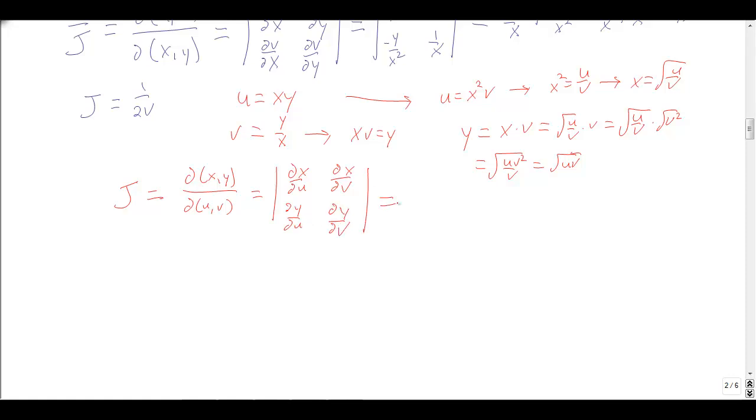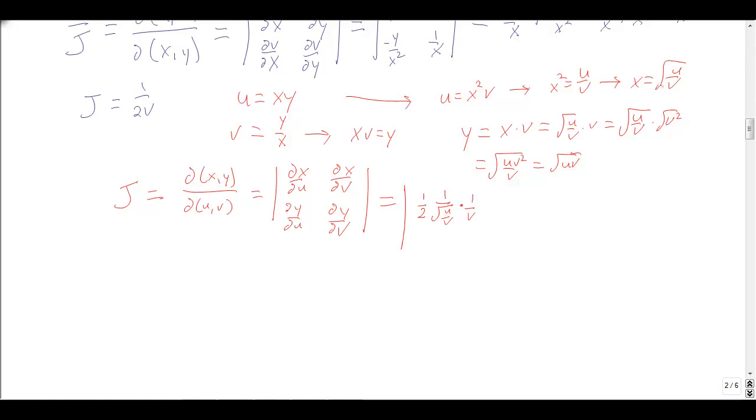So you work that out. X with respect to u, so here's x. That's going to give me a 1/2 times 1 over the square root of u over v. So 1/2 this square root to the negative 1/2 times the derivative of the inside when I take it with respect to u, that's 1 over v.